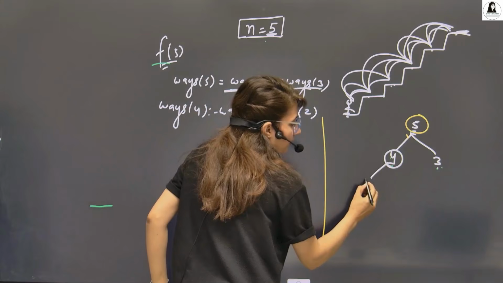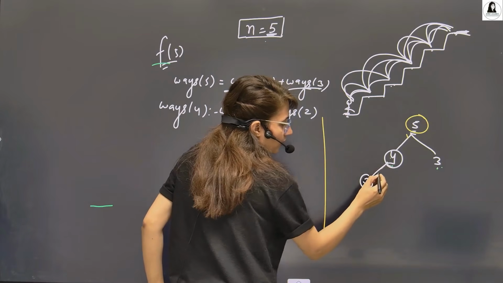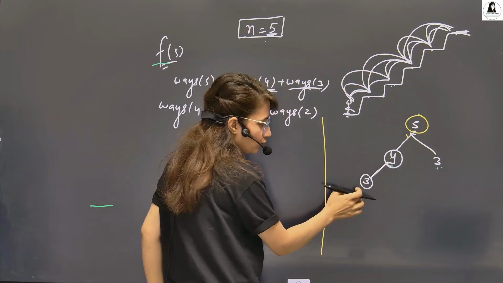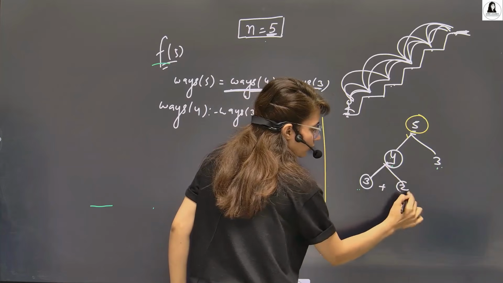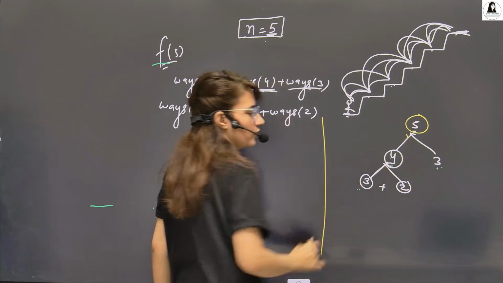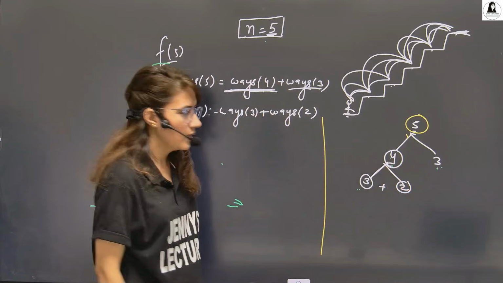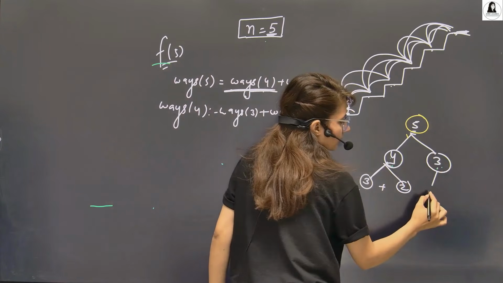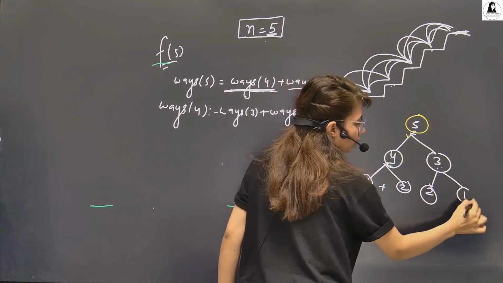So the number of ways to reach 3 plus the number of ways to reach 2. If you know these two, you can add them and you will get the number of ways to reach till 4. Same for 3, just minus 1, minus 2, that is 1.